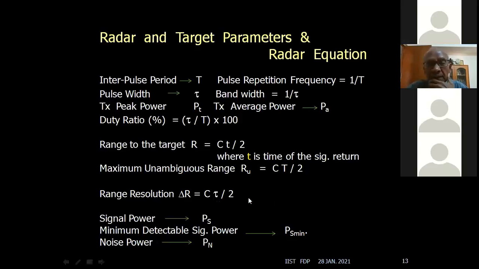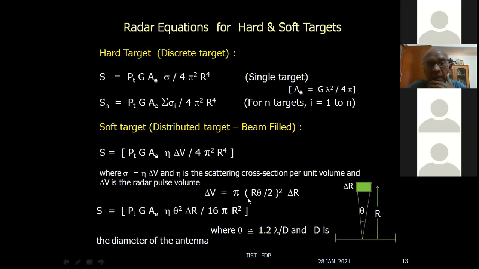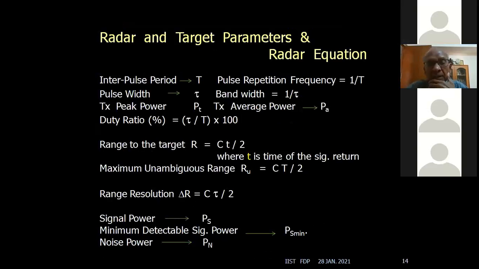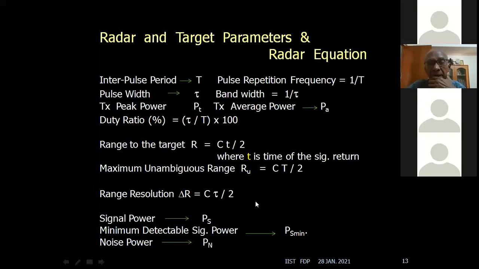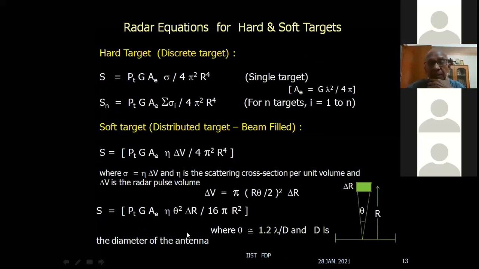If there are two airplanes closer than delta R, you will not be able to look at each one separately. So any two targets in the sky observed by a monostatic radar can be resolved if the separation is more than delta R, where tau is the pulse length.